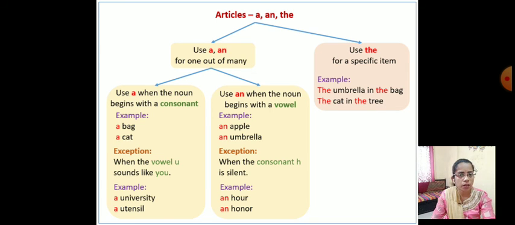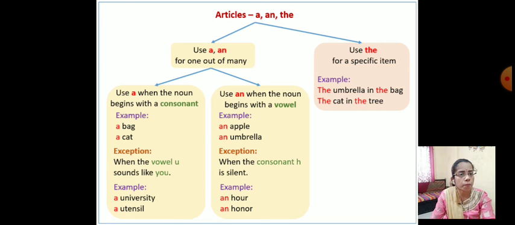Then the exception: when the consonant H is silent. For example, an hour and an honor. H is silent, so when H is silent we also use an. And at last, use the for a specific item.